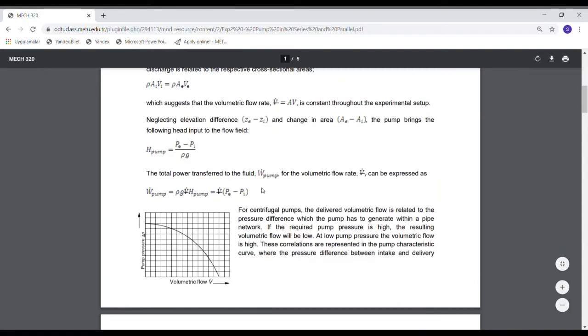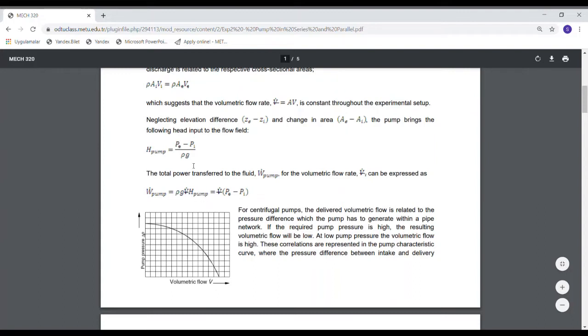When we come to the pump power, which is shown as W dot pump, the total power transferred to the fluid for volumetric flow rate, which was V dot, can be expressed as rho g times flow rate times pump head.